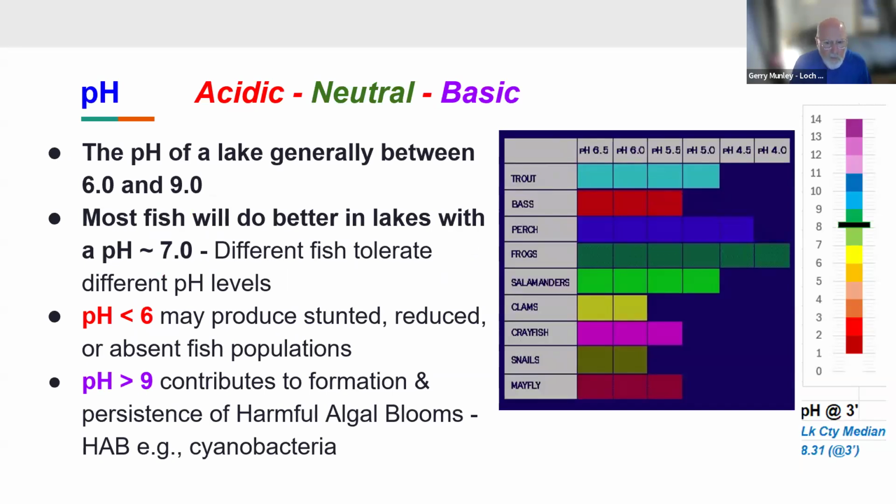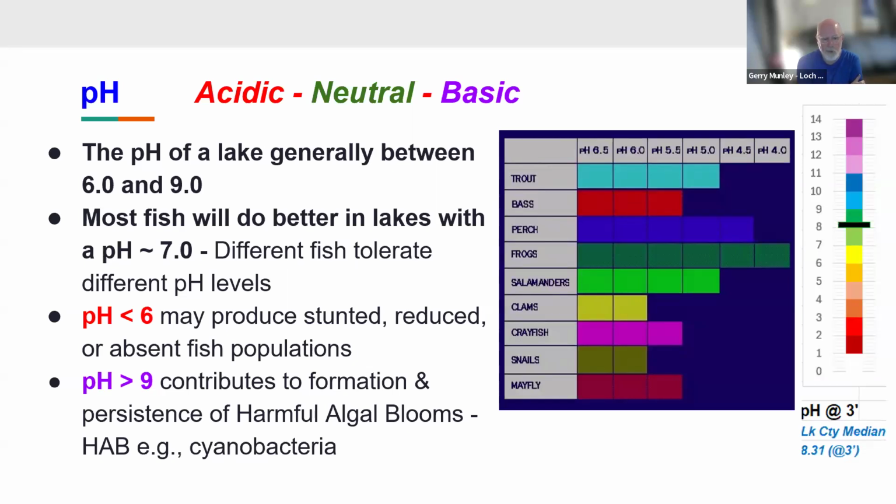And the image toward the right-hand side is just different kinds of fish and what pH those different kinds of fish prefer. Again, not a fisherman, but it was interesting to see the narrow ranges for some animals. So most lakes are between 6 and 9 in terms of the pH. 7 is neutral.